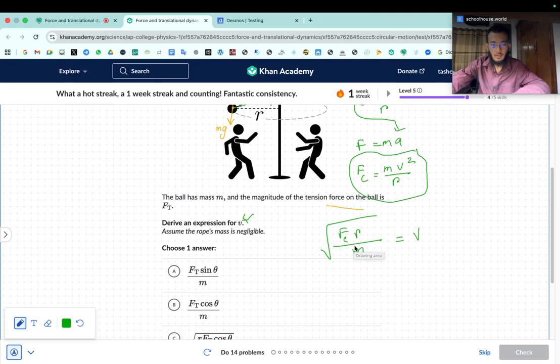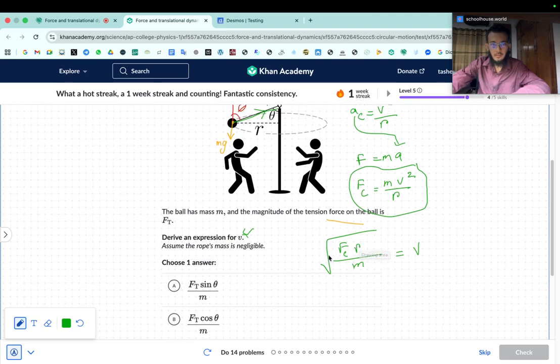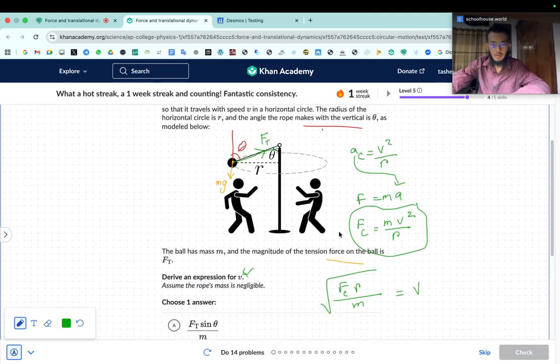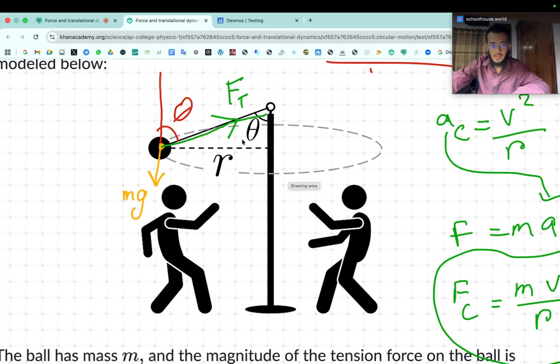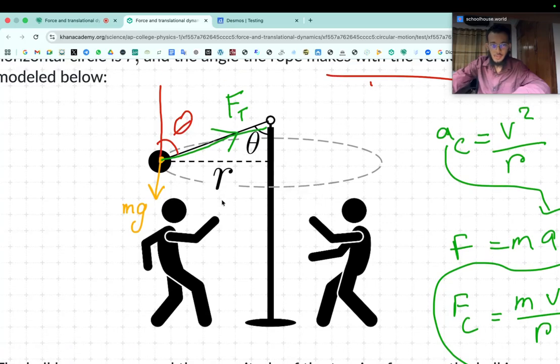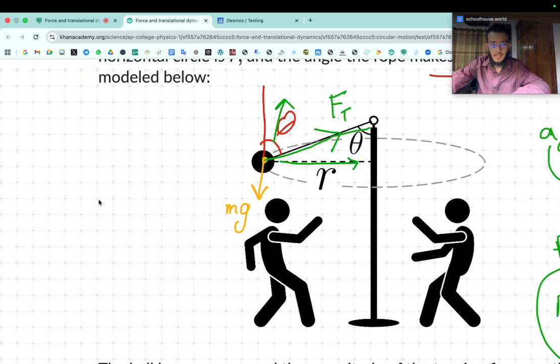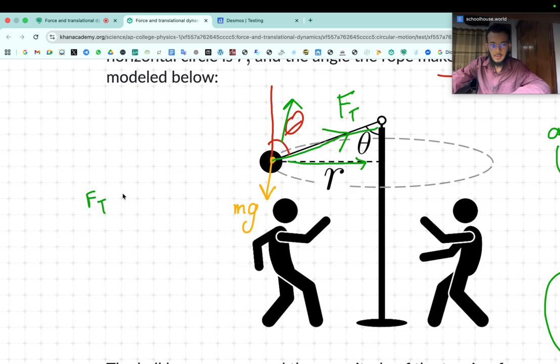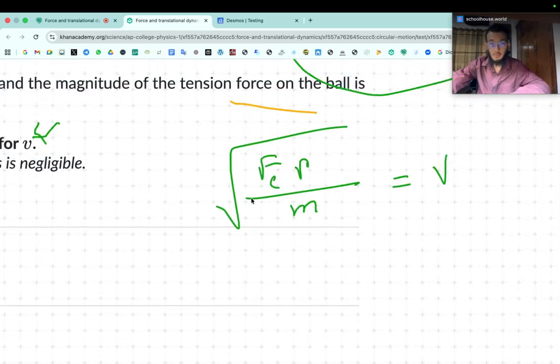Now we know that Fc, the centripetal force, is in this case provided by the tension, specifically this component of the force, which is opposite to theta. So this will be the sine component: FT sine theta. If it were the adjacent component, it would have been cos, but the centripetal force is provided by this one.